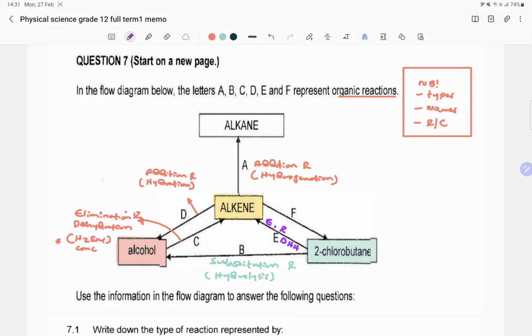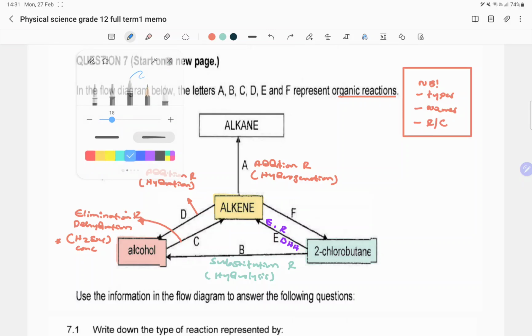And then let's look at reaction F. Reaction F, we're moving from an alkene to a haloalkane. So we must have been doing an addition reaction. Maybe let's choose a unique color for it as well.